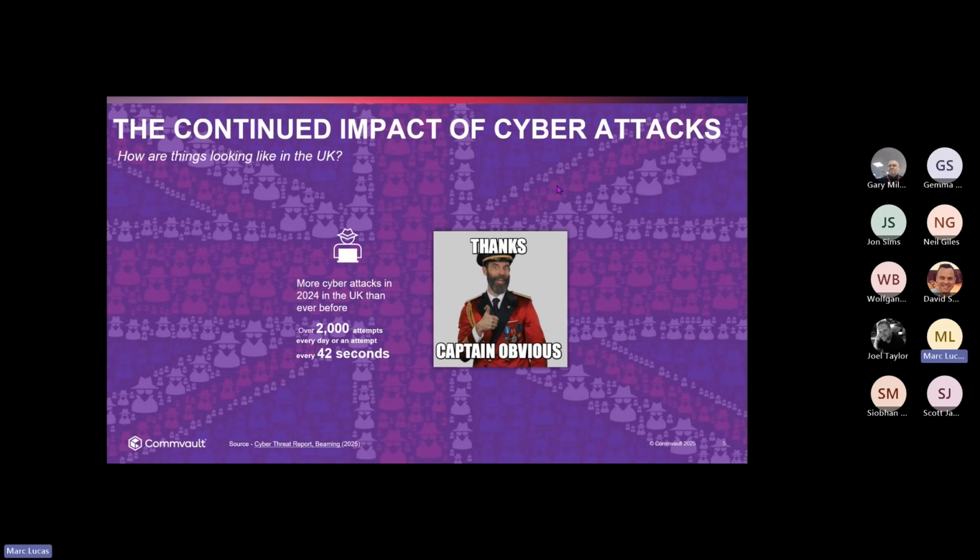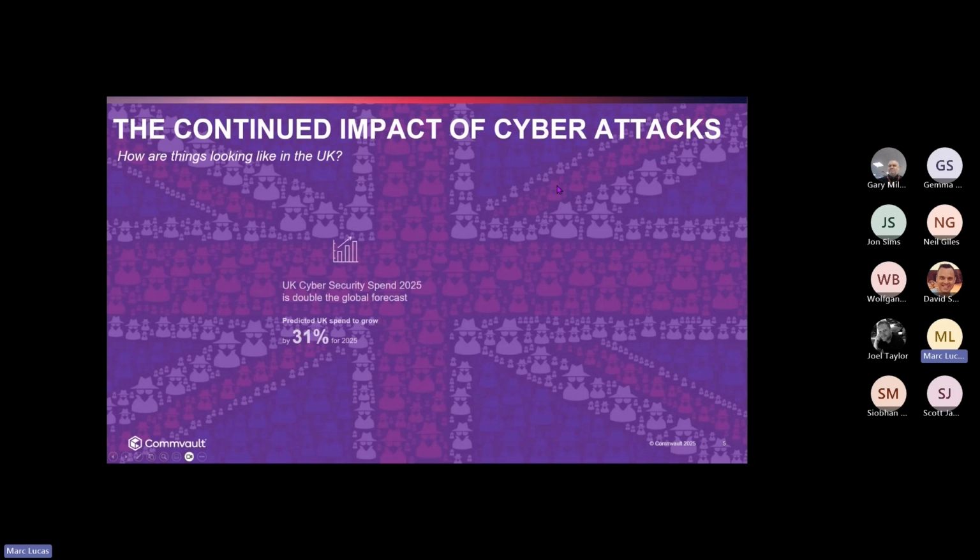For me, though, I think there's a couple of other things to really consider for 2025, and really we're in our financial year, we're already in Q2. That the spend on cybersecurity in the UK is crazy.